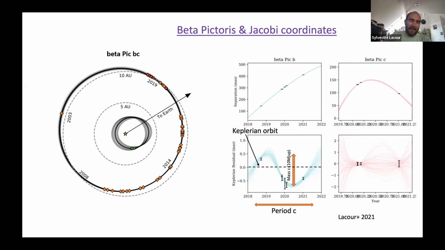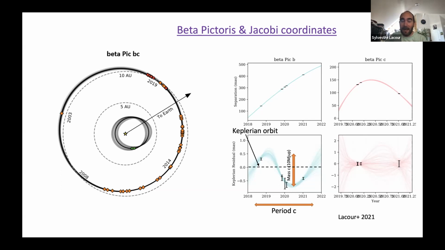Okay, so of course here we knew already that there was beta Pictoris C, but the question was, could we just with the astrometry of beta Pictoris B have predicted the position of beta Pictoris C? So same kind of work as Le Verrier did, but on an exoplanet system.